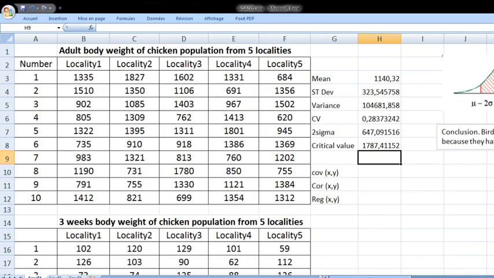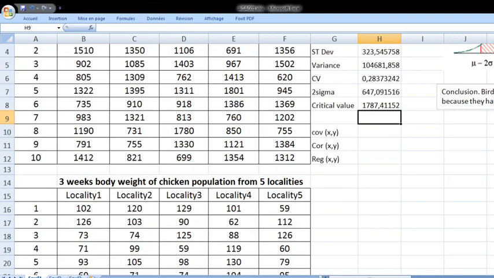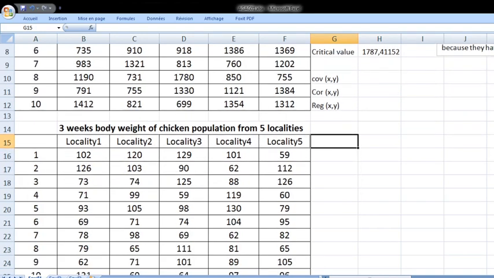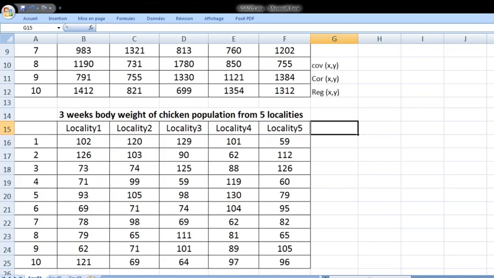Okay, that's fine. Now let's estimate the other parameters. We also have to estimate the covariance. So to estimate the covariance, what we'll do, we'll first estimate the variance of y. Let's follow, dear students. Fine.